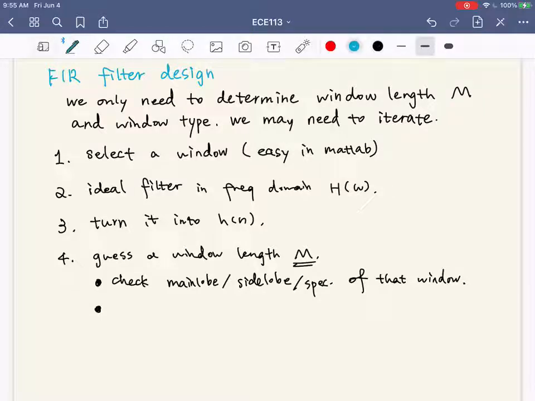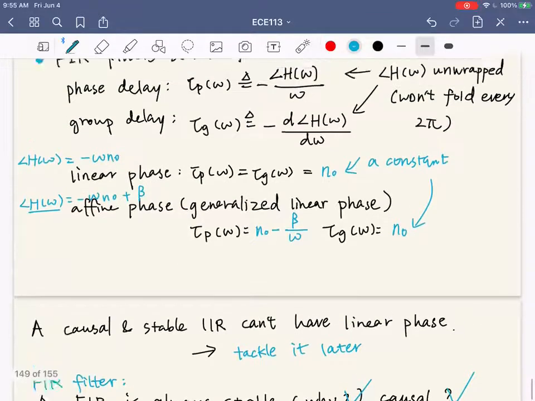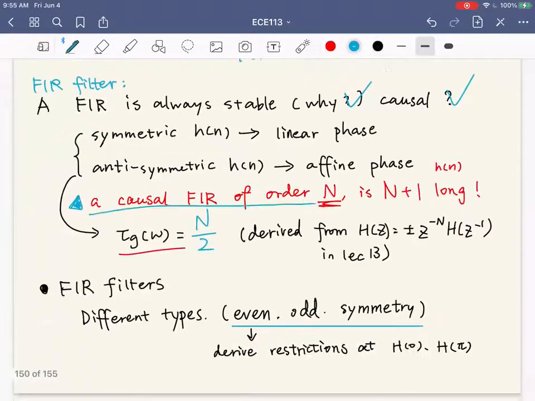And the rule is the number of taps. So the number of taps is basically M, and it is basically your order of filter plus 1. Remember, we discussed a causal FIR filter of order N is M plus 1 long, right? And for the window, it is similar.